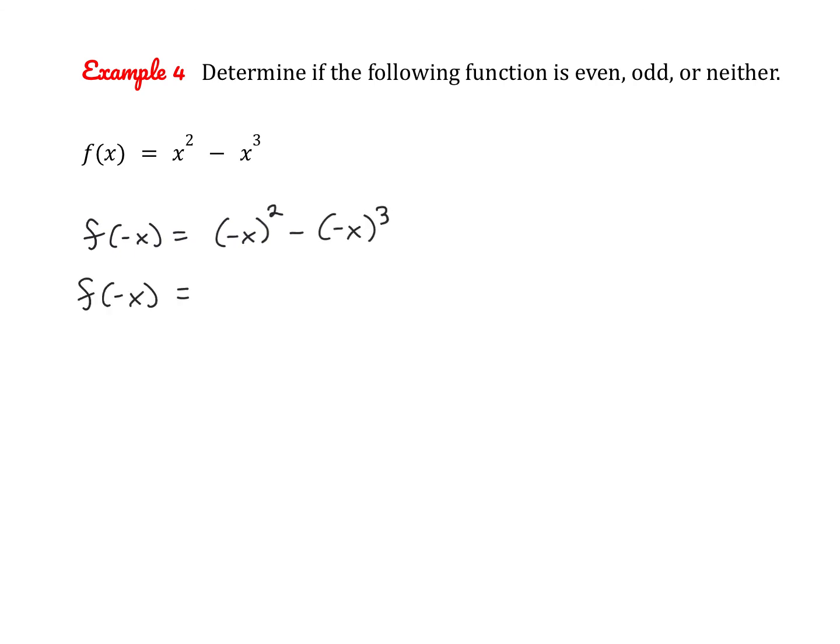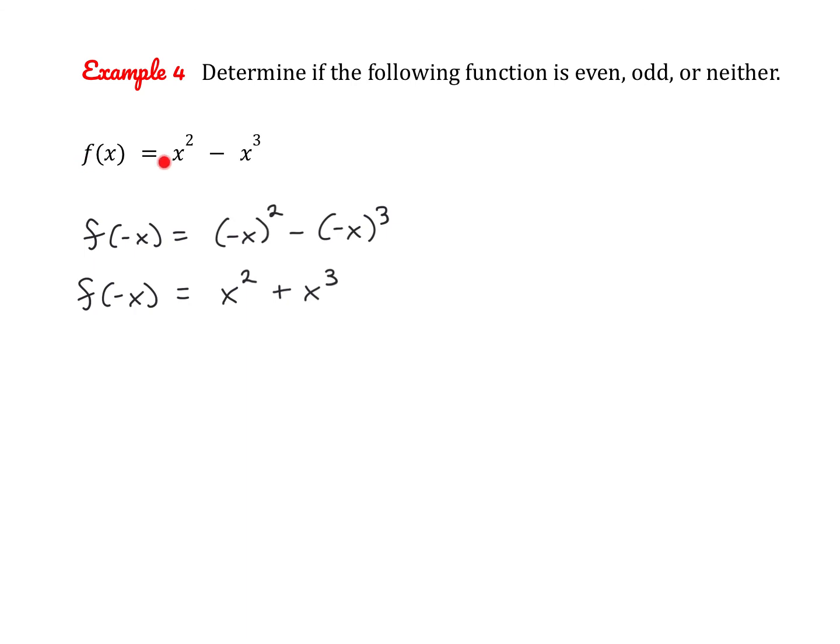When we have f of negative x, if you square a negative, it becomes positive, so we have x squared. Now, if you cube a negative, it stays negative. And then we multiply this by another negative, so this becomes positive x cubed.